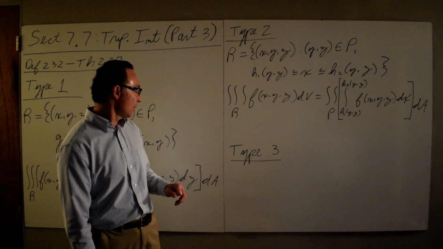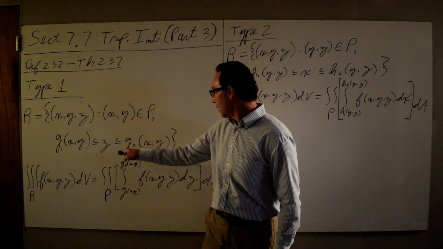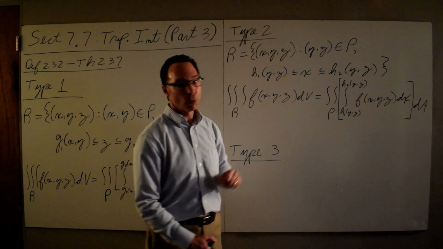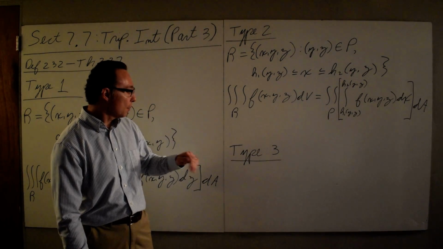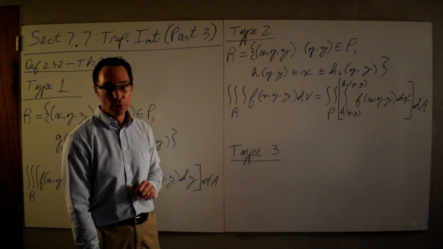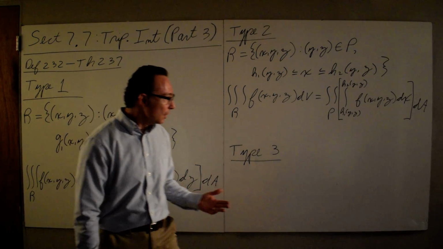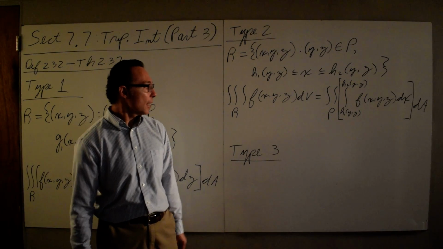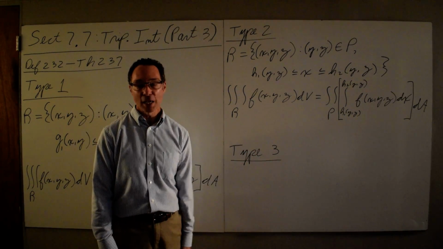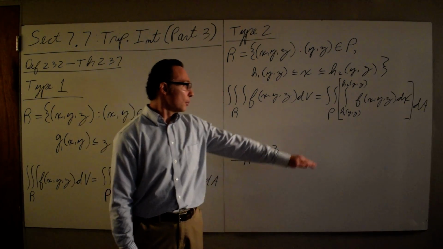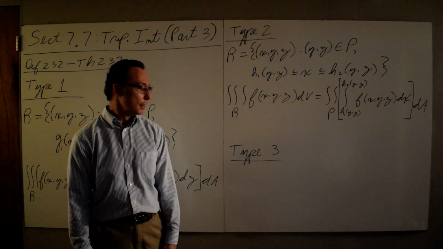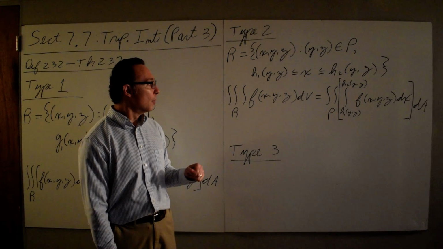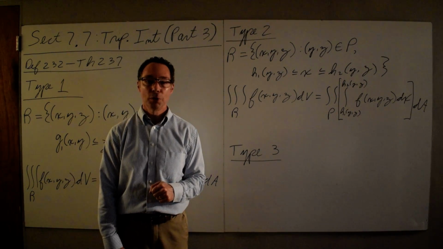So instead of having the z sandwiched between two functions, or the x sandwiched between two functions, for a type 3 region we have the y sandwiched between two functions. Then we would integrate with respect to y, and then we would just have a function of two variables x and z, and our projection P would be in the XZ plane.